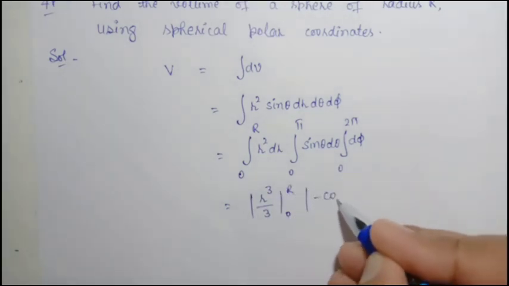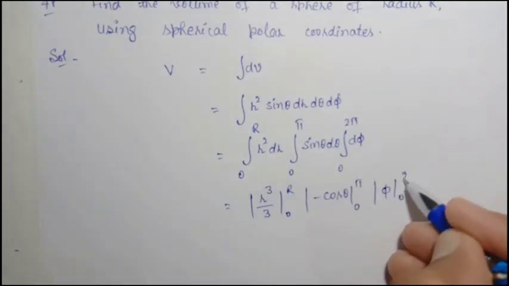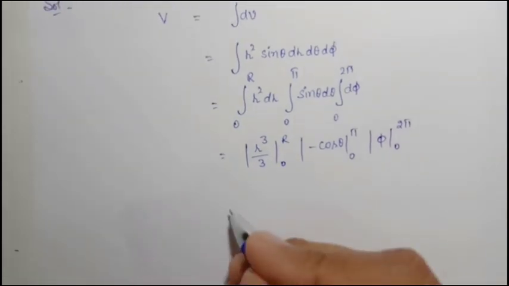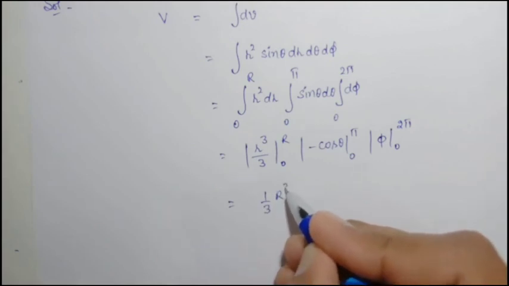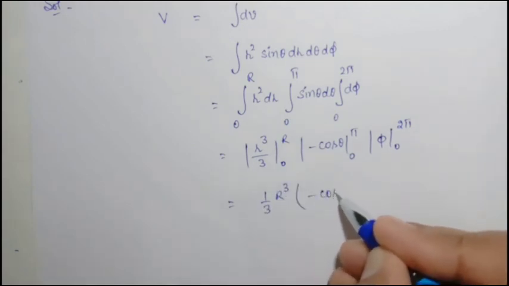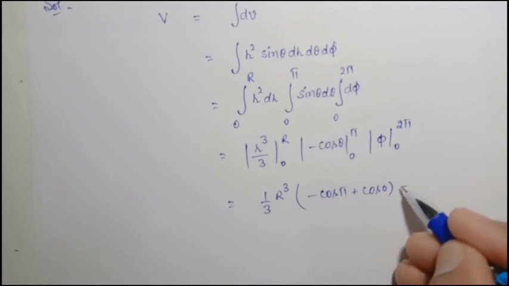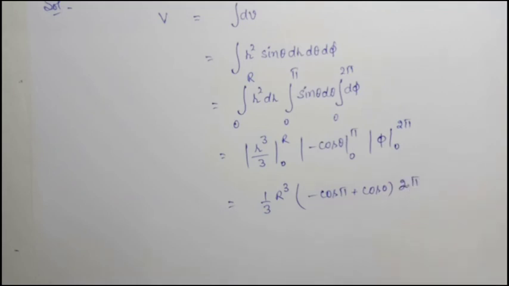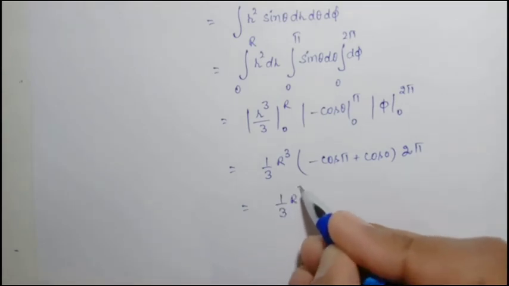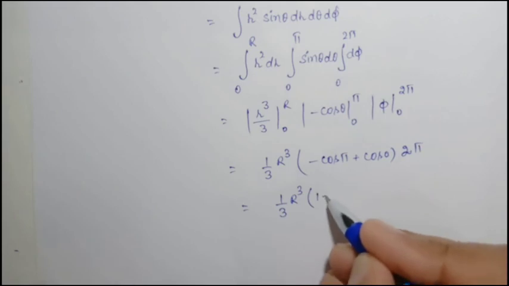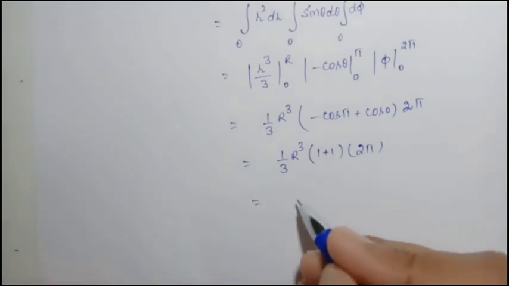Here we have minus cos theta, 0 to pi, and this is phi, 0 to 2 pi. Or we can write 1 by 3 r cube, here we have minus cos pi plus cos 0, and here this is 2 pi. Or we can write 1 over 3 r cube, this is 1 plus 1, and here we have 2 pi.